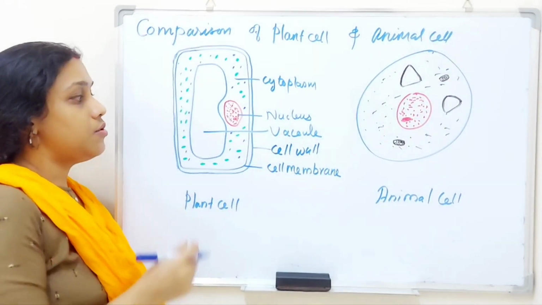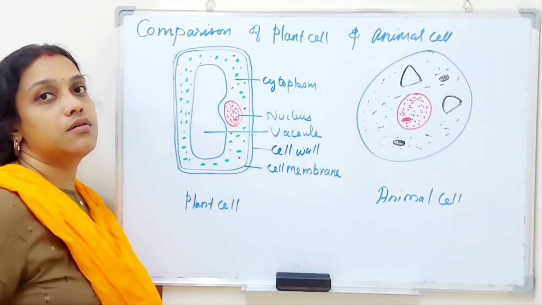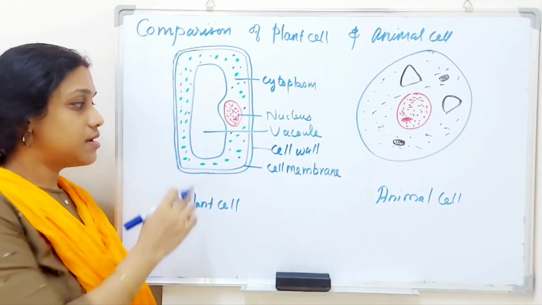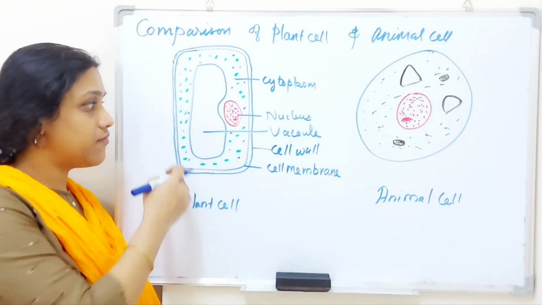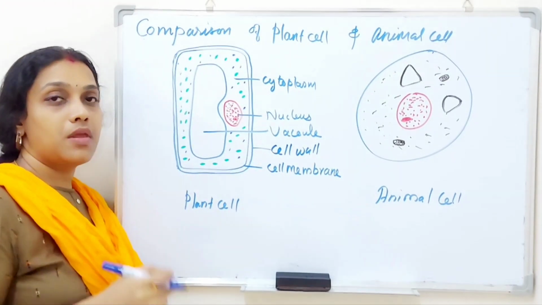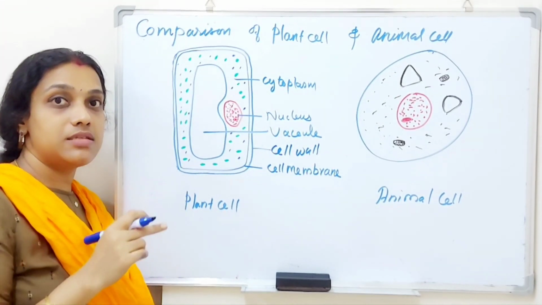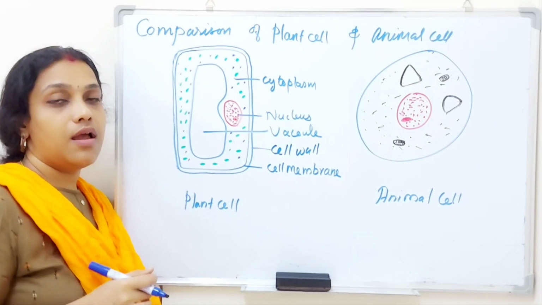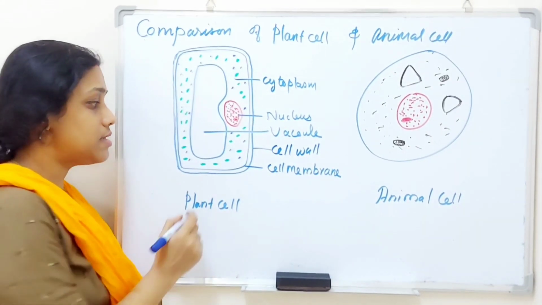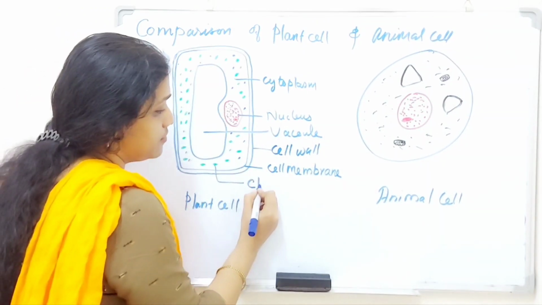Now we can see colored objects in the cell. What are they? They are known as the plastids. Colored substances are known as the plastids. They are various in colors. Now few of them are green in color. So green in color means that plastids contain chlorophyll, and those plastids that contain chlorophyll are known as chloroplast.